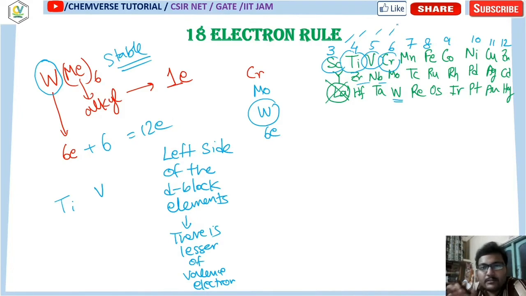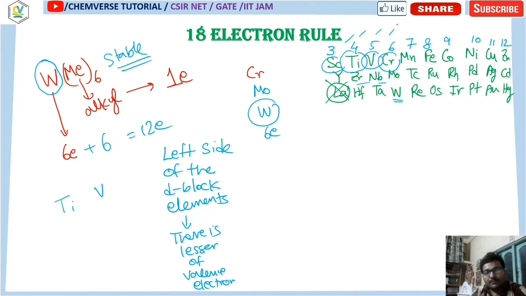So from here, what you can say is that in order to get that 18 electron count, the complete responsibility is on the ligands. More and more ligands should form coordinate bonds with the metal.